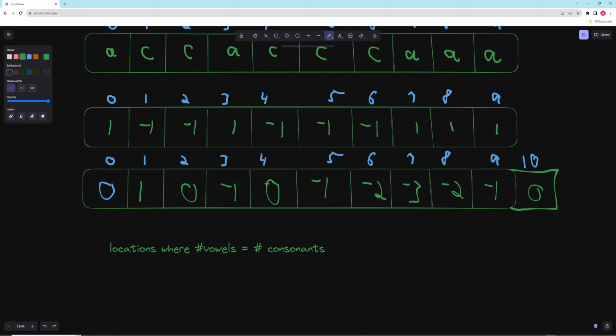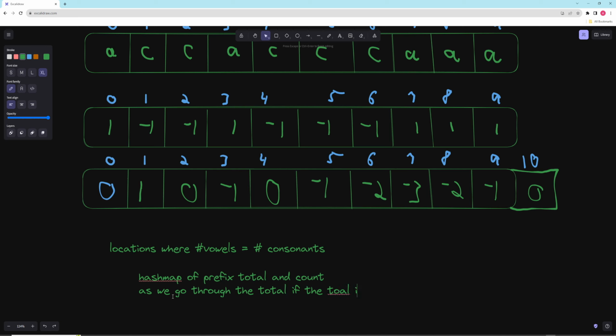But essentially, the code would look something like: have a hash map of prefix total and count. And then as we go through the totals, if the total is in here, then add count to result, right?